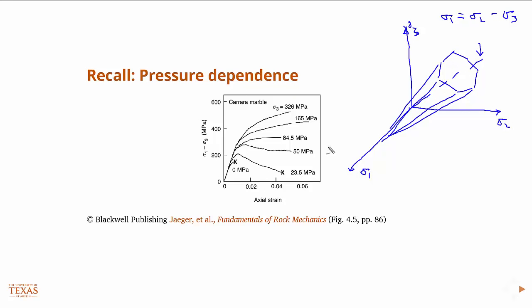And so I just added another schematic here that shows you, this is from a different reference, how extreme the pressure dependence on a rock can change its behavior. So this is a Carrara Marble, which looks really nice on countertops, of course.